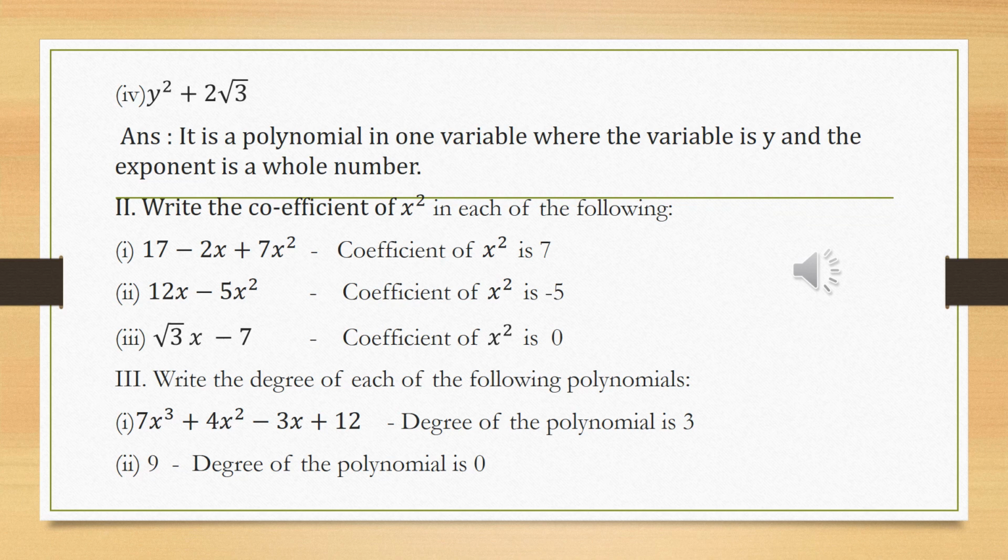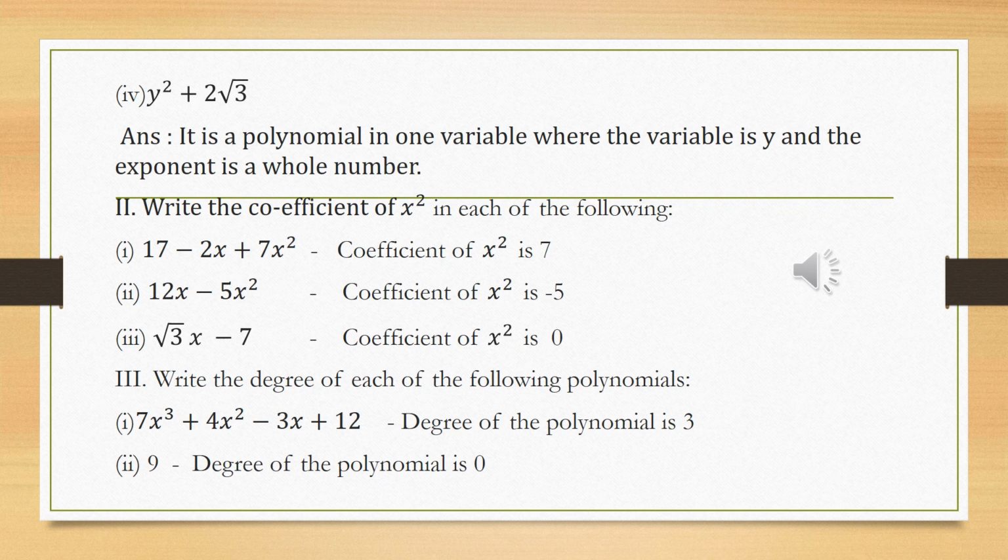In the second question, 12x minus 5x square, the coefficient of x square is negative 5. That means we have to take the sign along with the coefficient. In the third question, root 3x minus 7, we cannot find the x square term. Therefore, the coefficient of x square is 0.